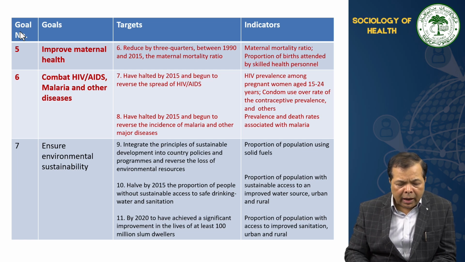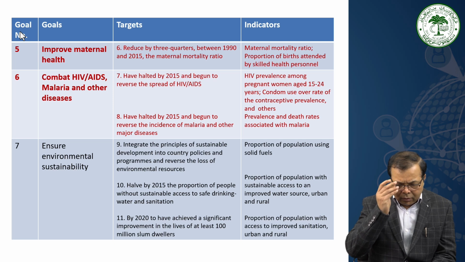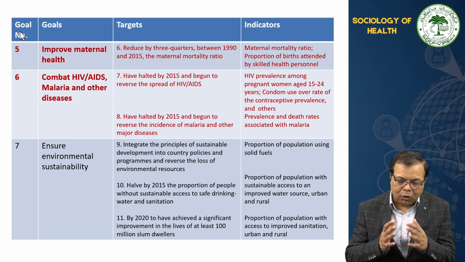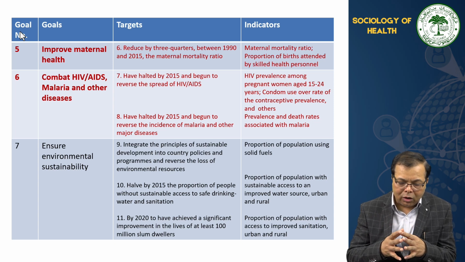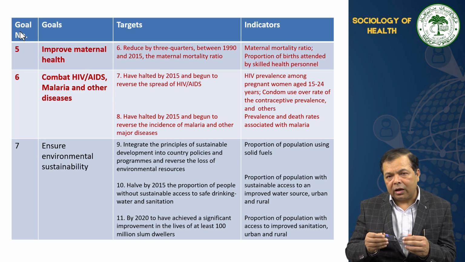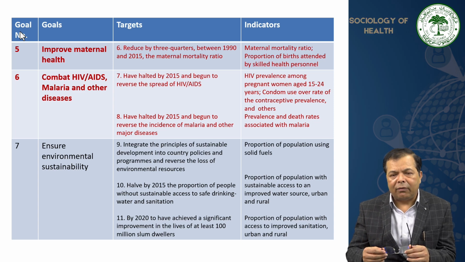And then here we go to goal number 6, that is combat HIV AIDS, malaria and other diseases. And here we have two specific targets: have halted by 2015 and begun to reverse the spread of HIV AIDS. That means by 2015 the growth or the spread or the expansion should come to an end, and then the reverse, that means the reduction in the number of persons who are affected by this.